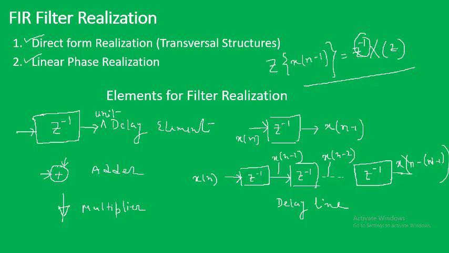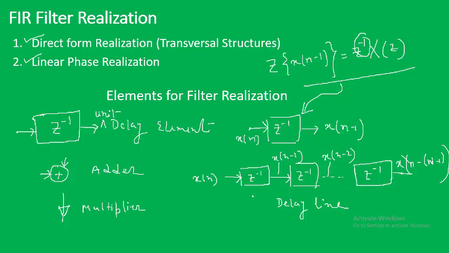This is the symbol of the adder, and this is the simple symbol of the multiplier, that is, the filter coefficients, the weights associated with each term of the polynomial, will be given by this symbol. The concept is that if we use one unit delay element and the input is x of n, at the output we will get x of n minus 1. So this concept is implemented like this.